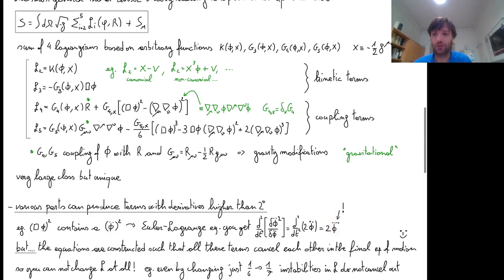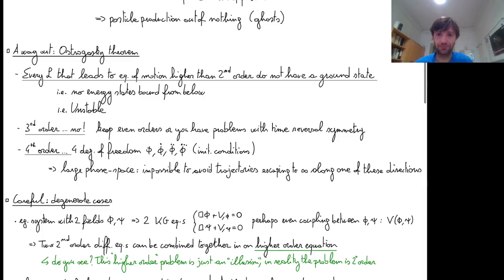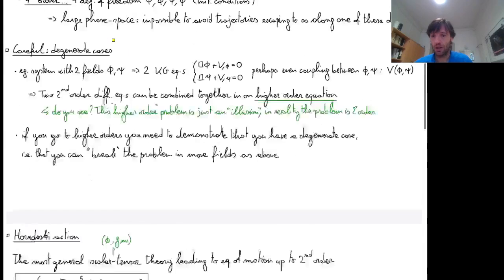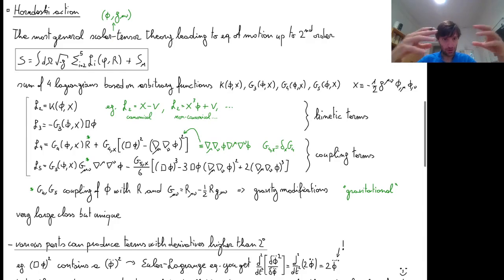And therefore, you might say, okay, then the Horndeski theorem is not satisfied, we are going to obtain ghosts in our theory. But actually, the construction of this Lagrangian is such that there is not only this term, but there are also other terms that give contributions that cancel each other once they are introduced into the Euler-Lagrange equation, guaranteeing that you are sure to obtain equations of motion up to second order.